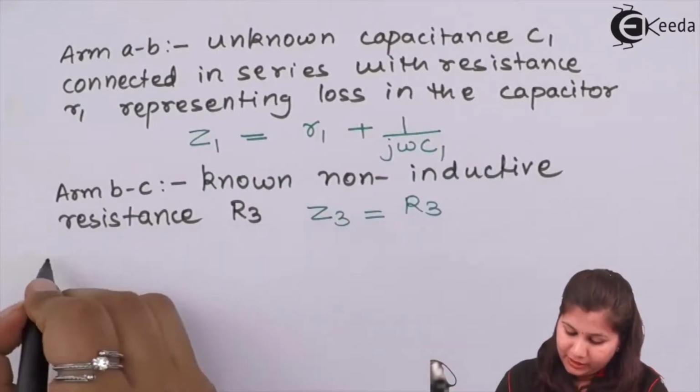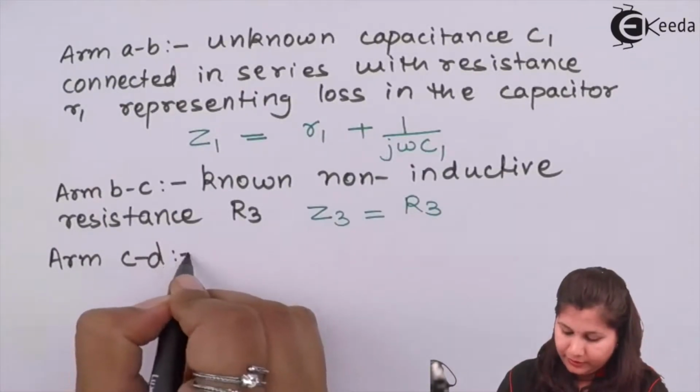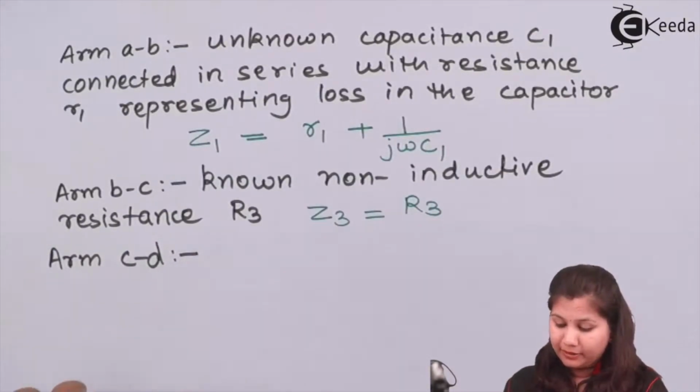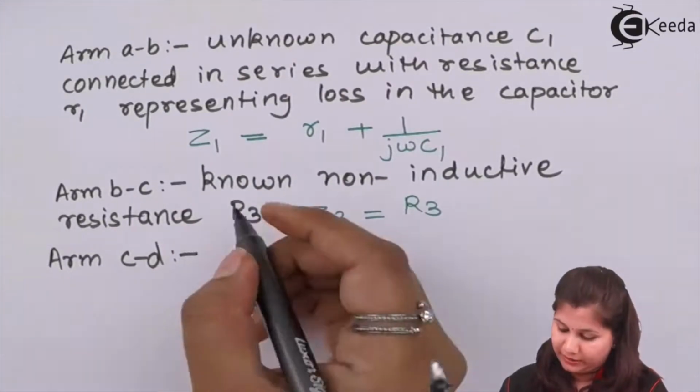Then we are having the arm CD, which is the parallel combination of a variable capacitor and a variable resistance.